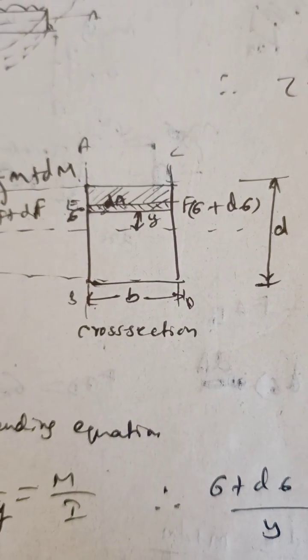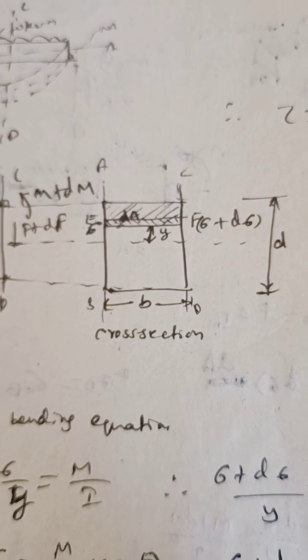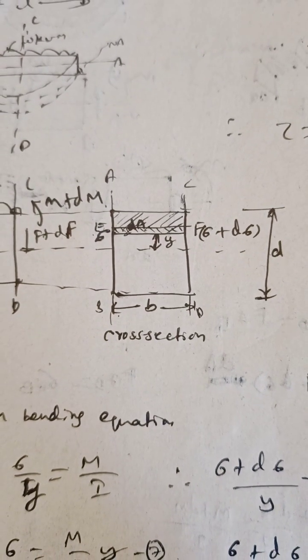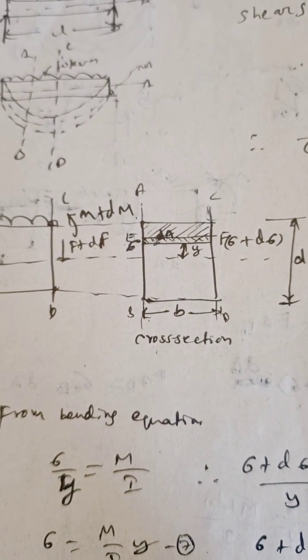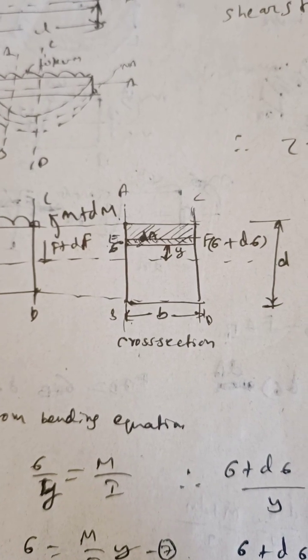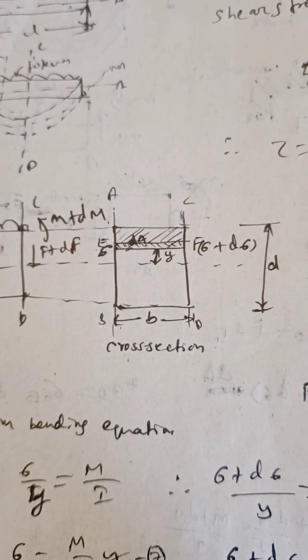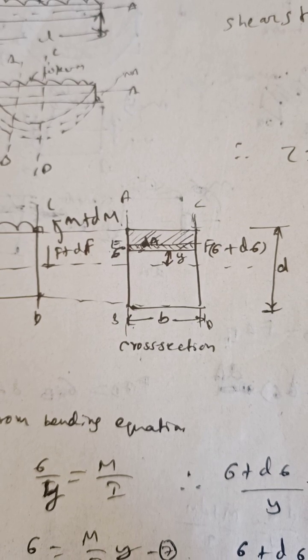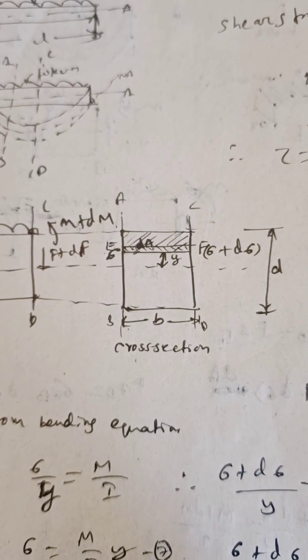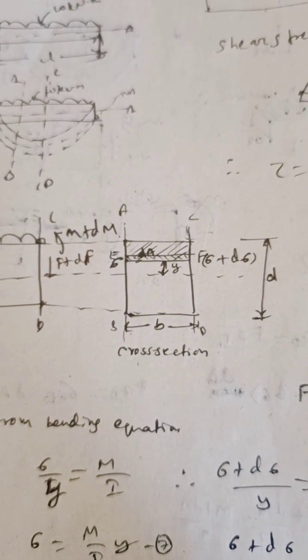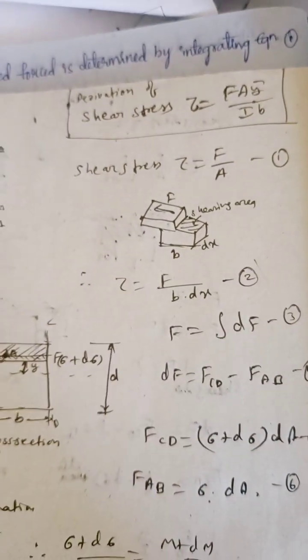Now let us consider the small elemental strip EF at a distance of y from the neutral axis. Let sigma be the stress on portion AB at E, and sigma plus d sigma the stress on CD at F.